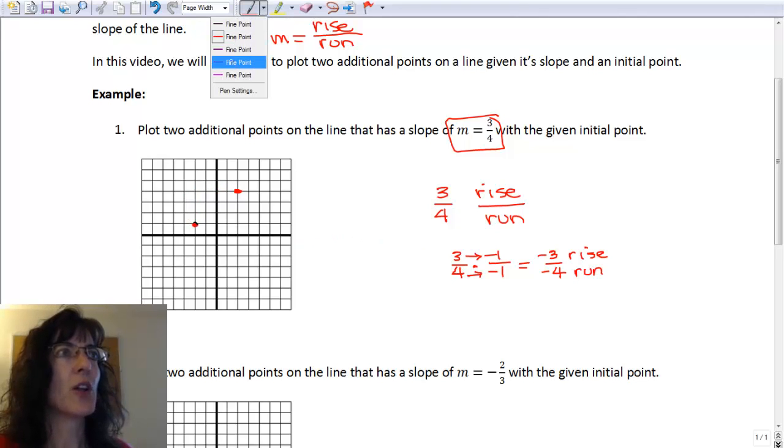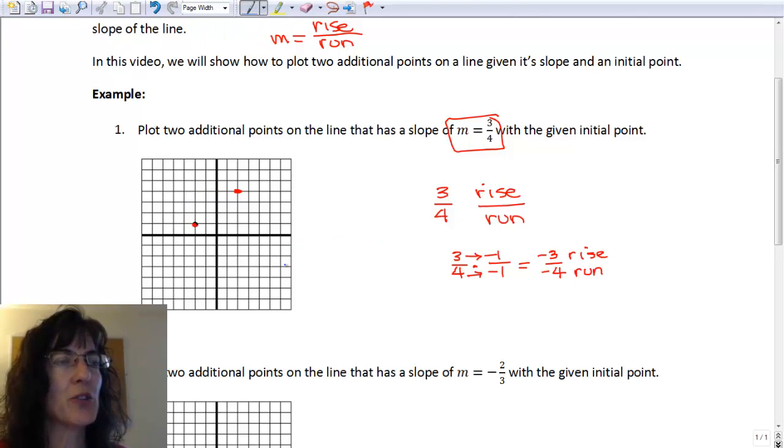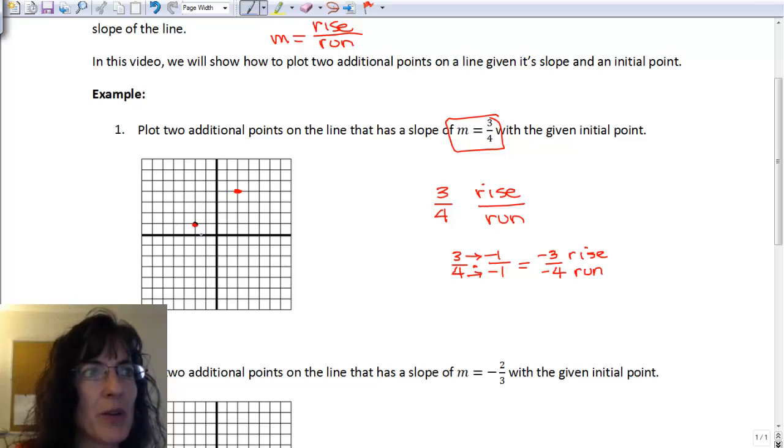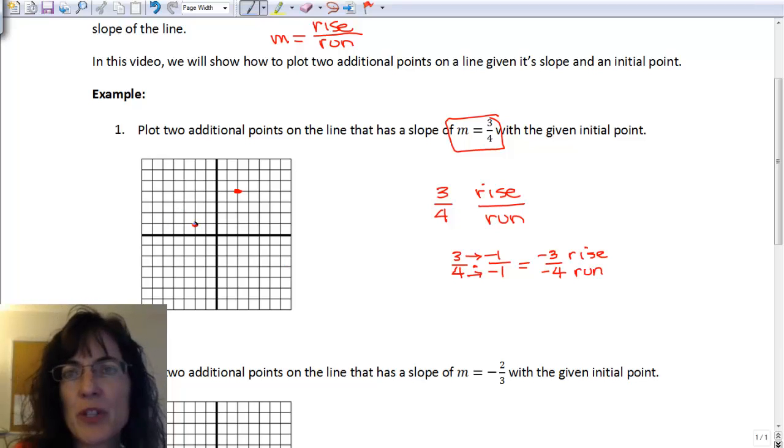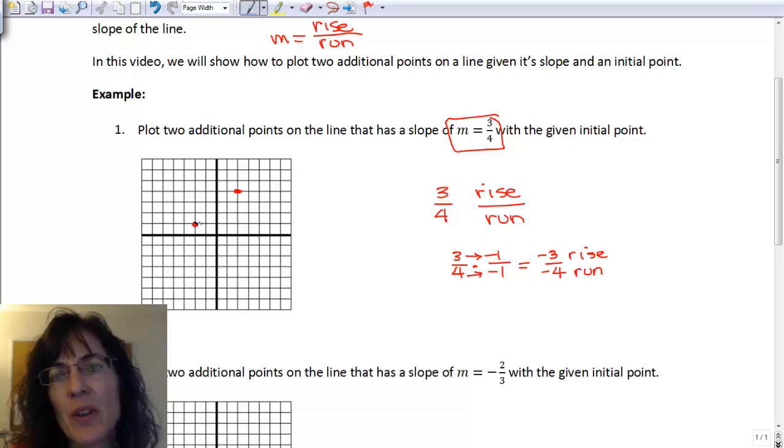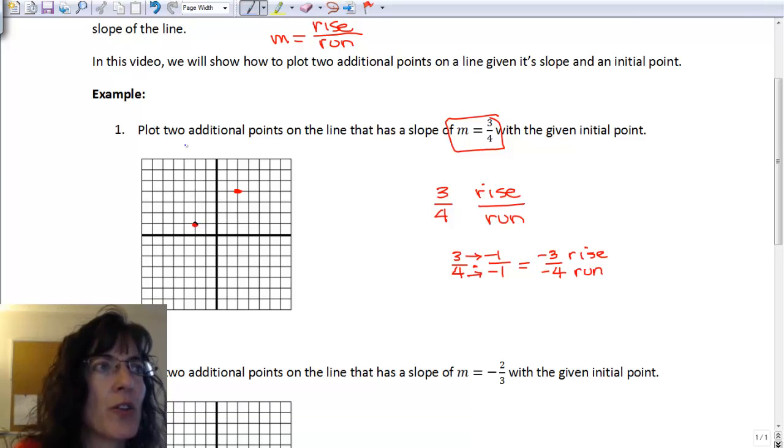I'll use a different color pen and come back to my point here. I'm starting at my original point, and then I'm going to use -3 for my rise. Because it's negative, I'm going to go down instead of up, because on your rectangular coordinate system, your positives are to the right and to the top, and your negatives are to the left and to the bottom.